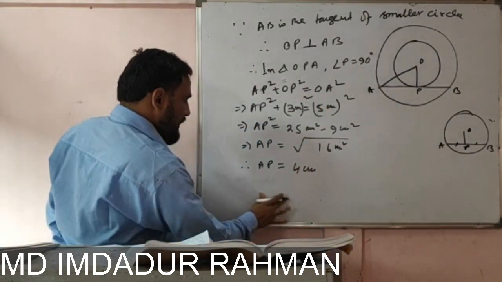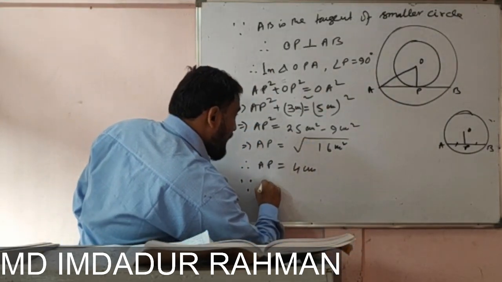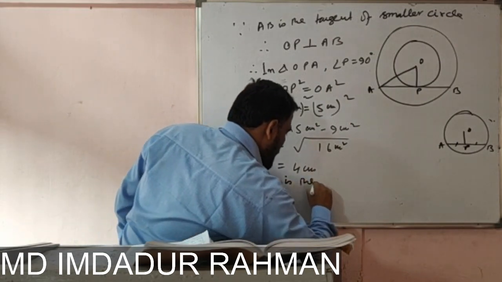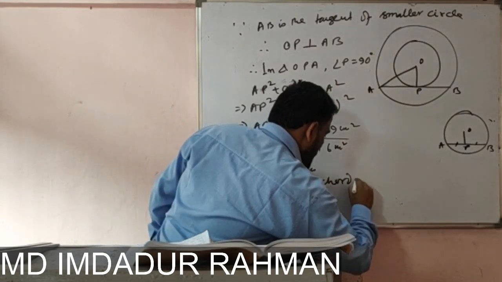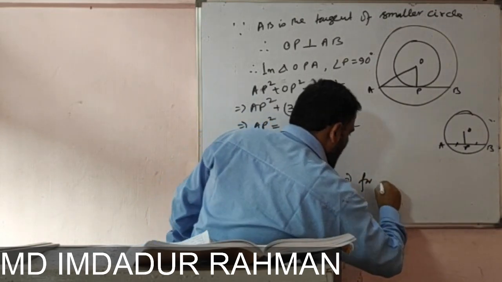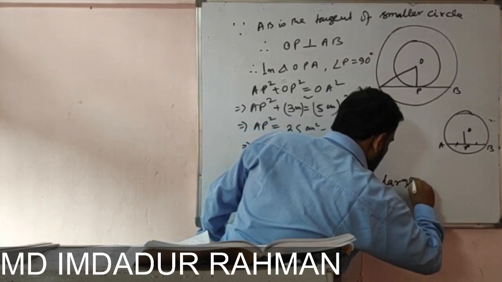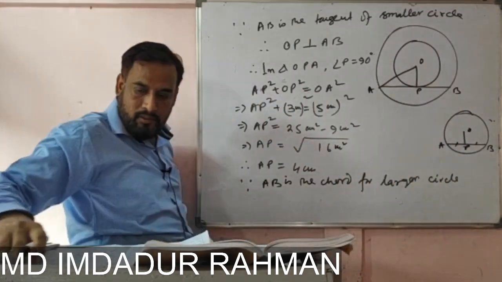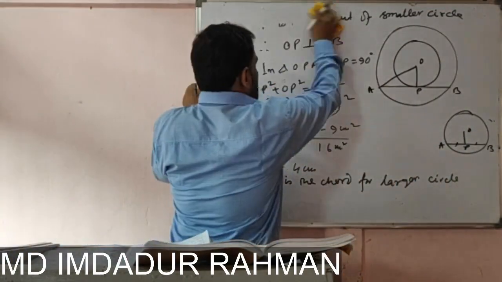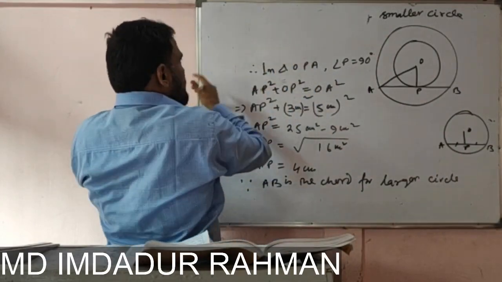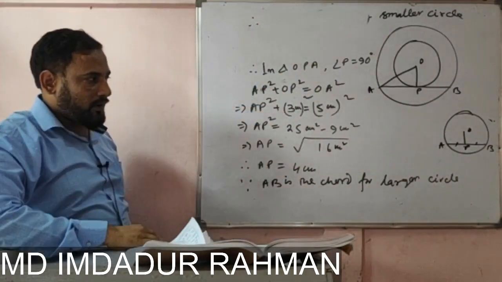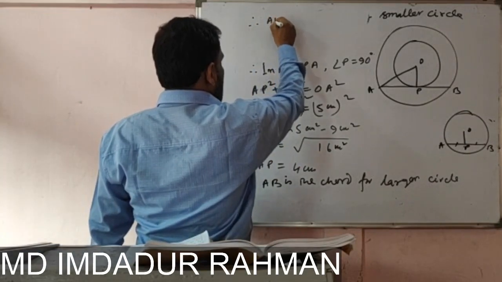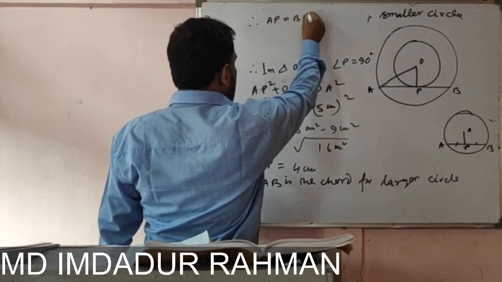Since AB is the chord for the larger circle, AP is equal to BP.